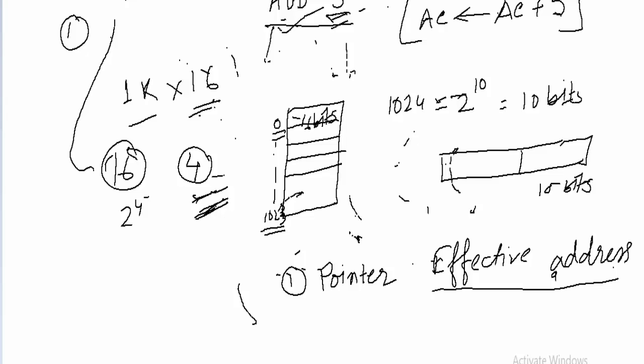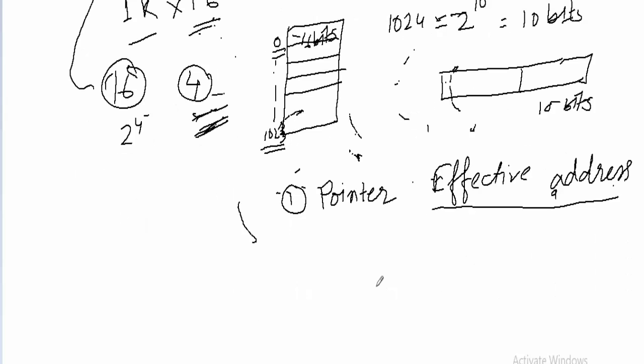With the address present in the instruction, we sometimes need to find the address where the actual operand is present, and that address is called the effective address.